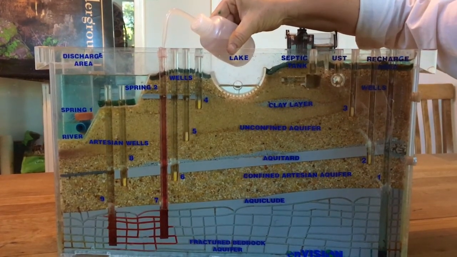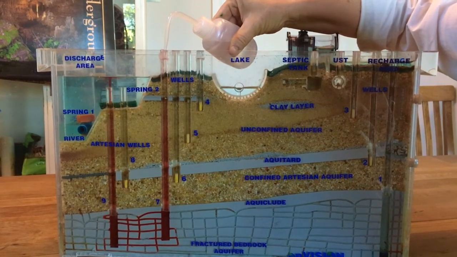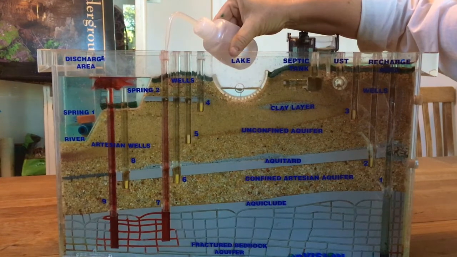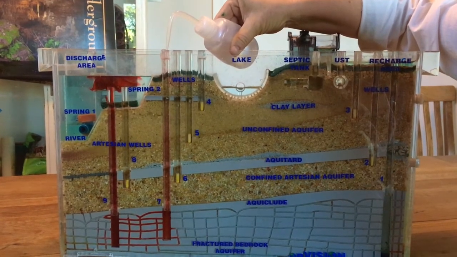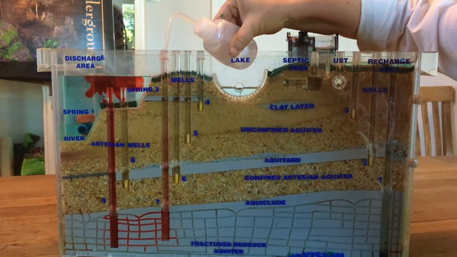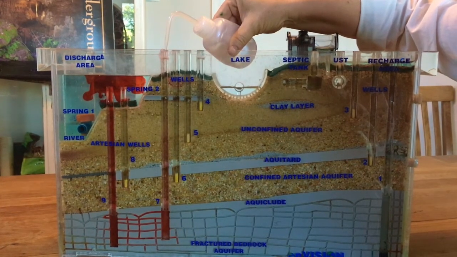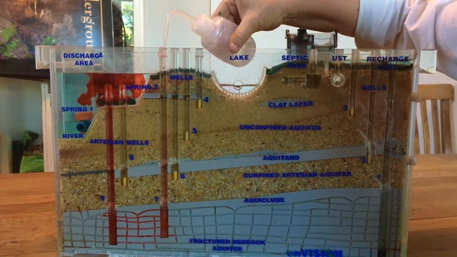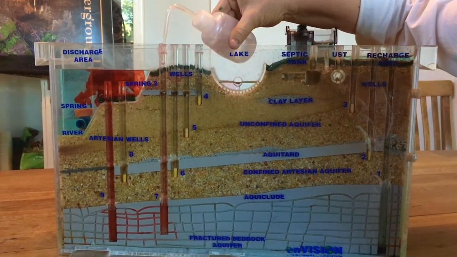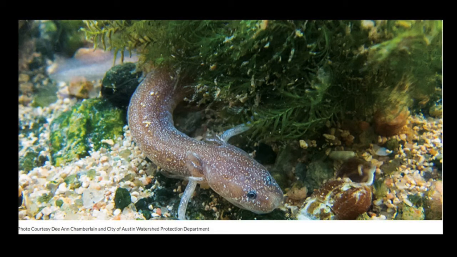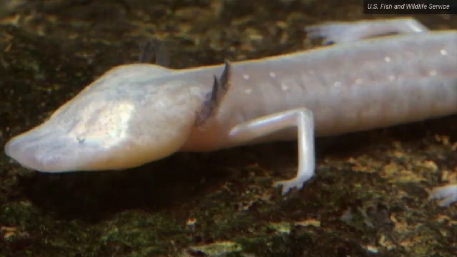Do you think the water is traveling fast or slow? And where does it end up? So once again, ending up in our springs area, our discharge area. A lot like Barton Springs. And of course that's the home to our endangered species, the Barton Springs salamander and the Austin blind salamander as well.